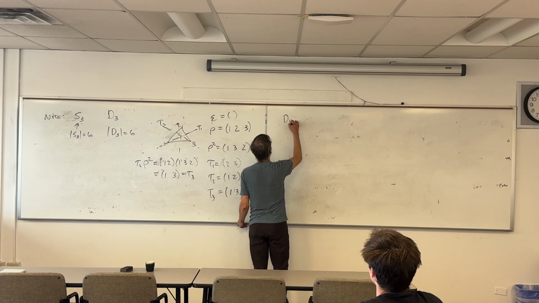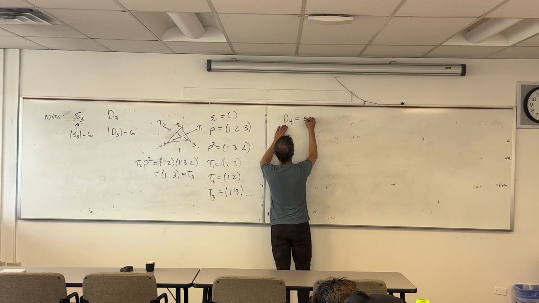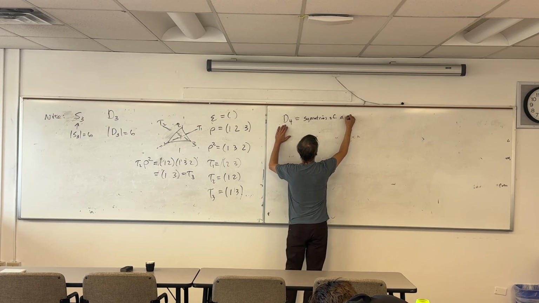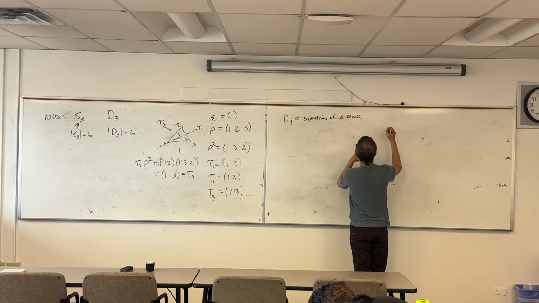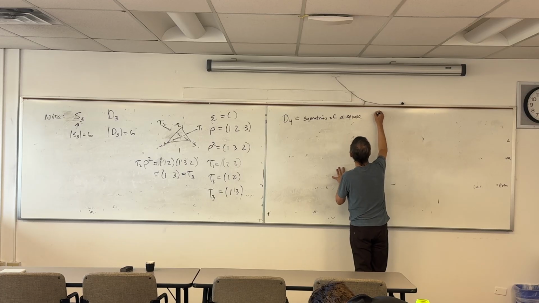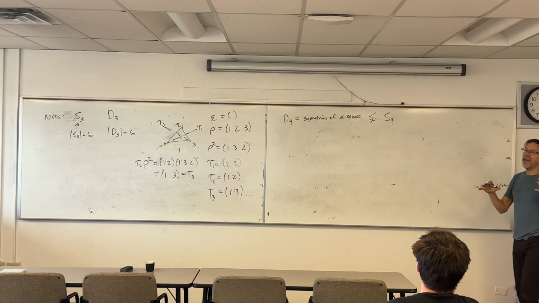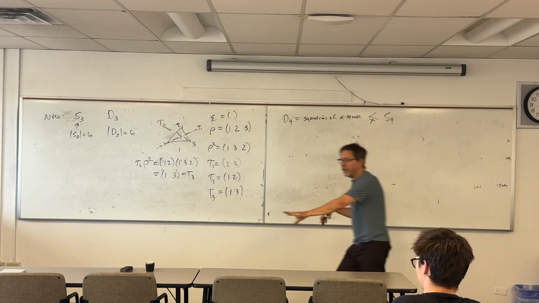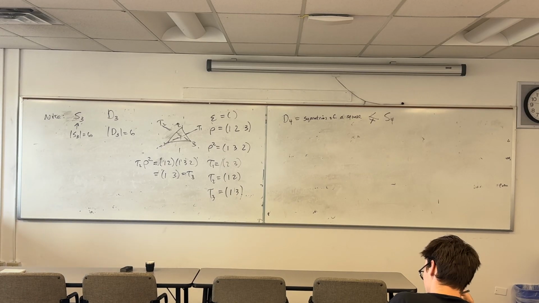D4, actually. Because D4 is the symmetries of a square, and that is a proper subgroup of S4. But it's not like the table that I gave you on the tetrahedral symmetries.